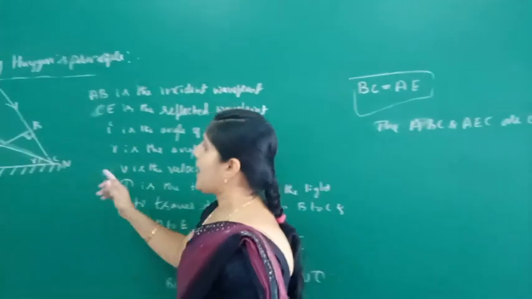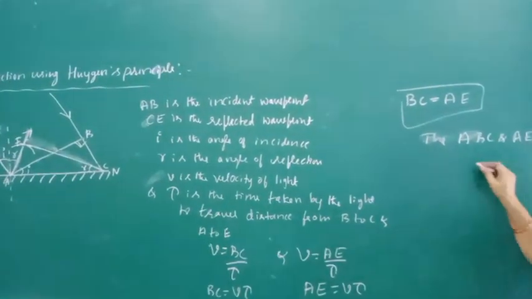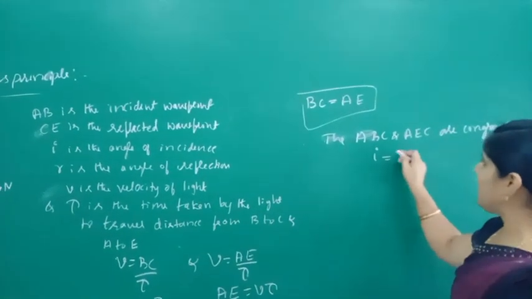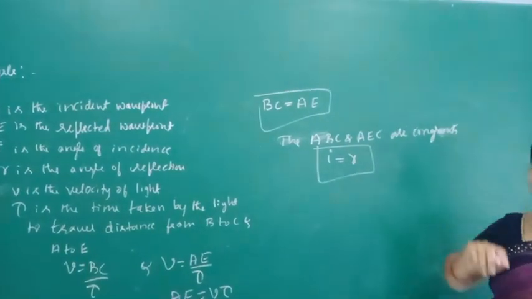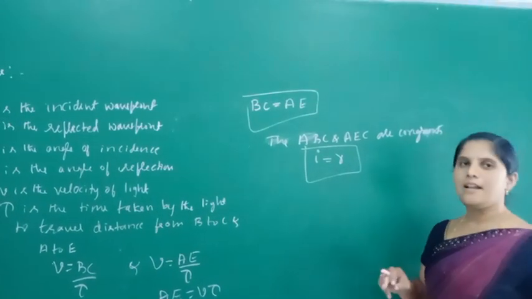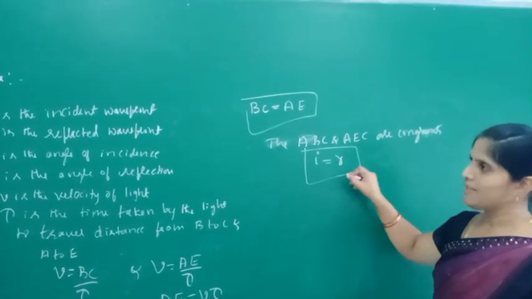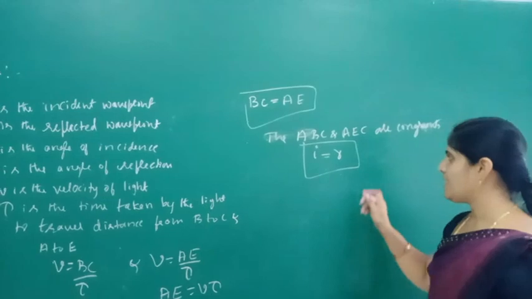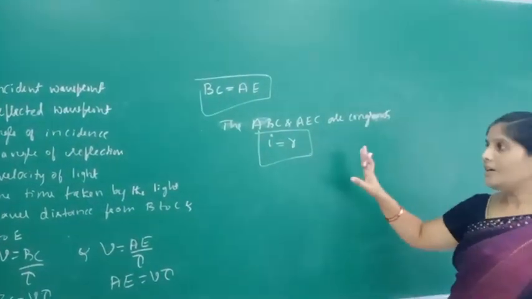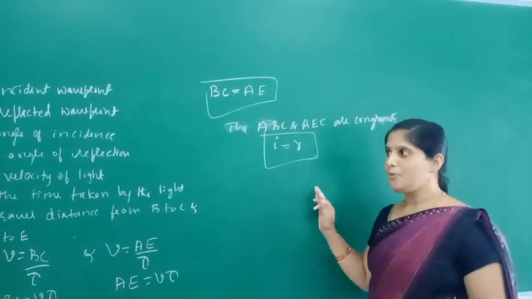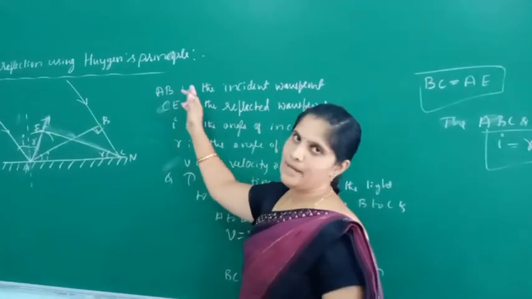That is, the angle of incidence is equal to the angle of reflection. Here i is the angle of incidence and r is the angle of reflection. Therefore, i is equal to r. This proves the law of reflection. What is the law of reflection? The angle of incidence is equal to the angle of reflection. Here we prove this law of reflection by using Huygens' principle.